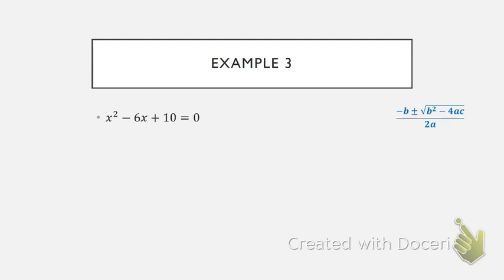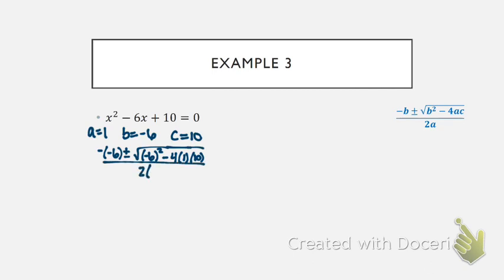All right, last one. So A equals 1, B negative 6, C 10. So we have negative 6 plus or minus the square root of negative 6 squared minus 4AC divided by 2A.